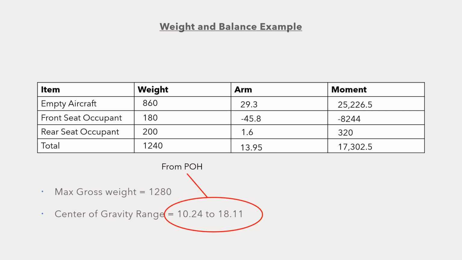So we look in the pilot's operating handbook to see what the acceptable center of gravity range is, and we find that our loaded center of gravity is within those limits, so it's okay. We're good to go. This glider should have good longitudinal stability when we're in flight.